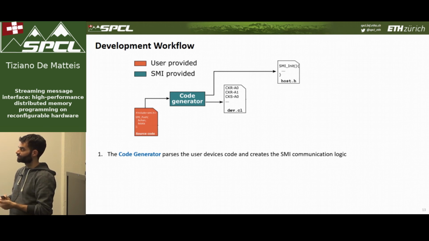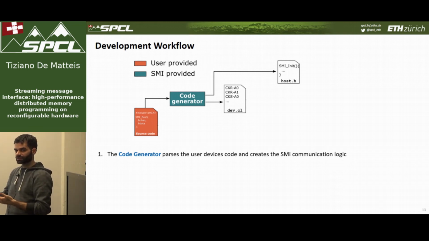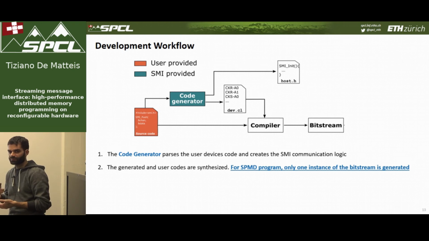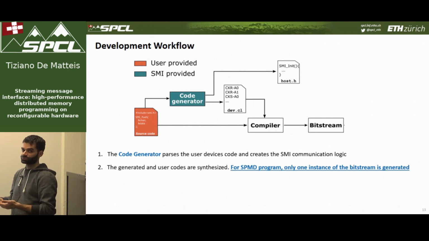The output of this code generator is a device source code that contains all the SMI components, communication kernels, collective support kernels, and so on, that are needed in the application. The code generator also outputs a host header file that contains utility functions that can be used at runtime. Then the generated device code and the user code can be compiled together in order to produce the bitstream.